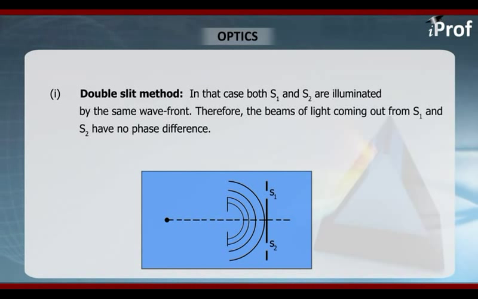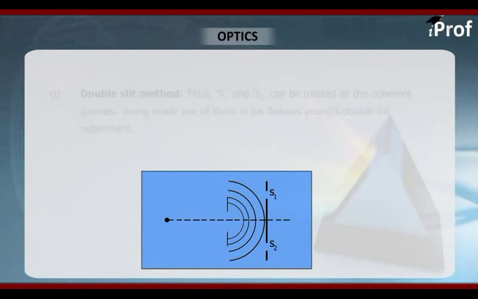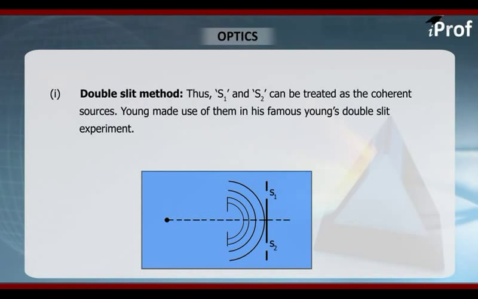In that case, both S1 and S2 are illuminated by the same wavefront. Therefore, the beams of light coming out from S1 and S2 will have no phase difference. Thus, S1 and S2 can be treated as coherent sources. Young made use of them in his famous Young's double slit experiment.